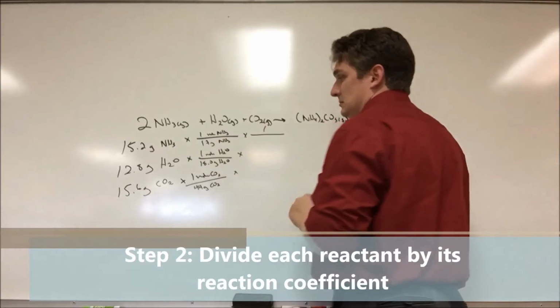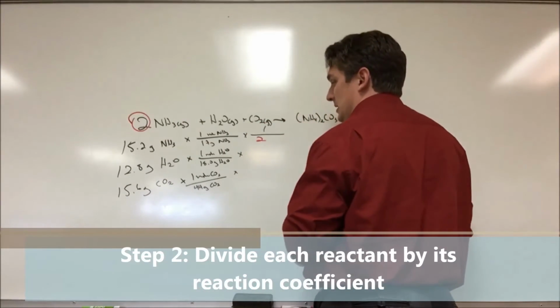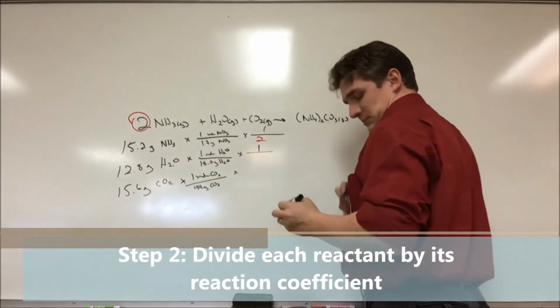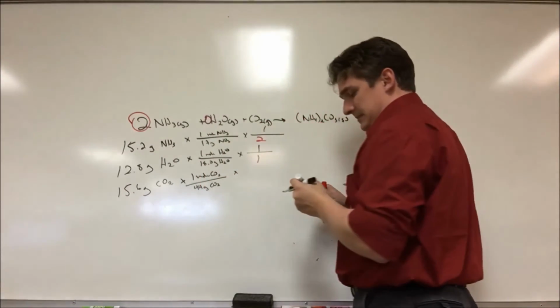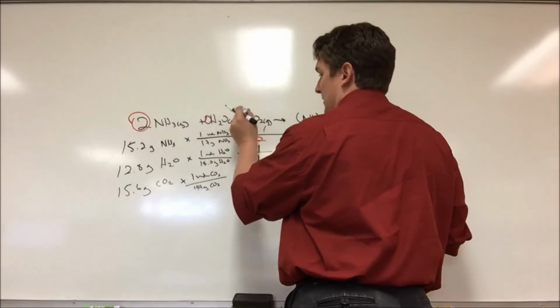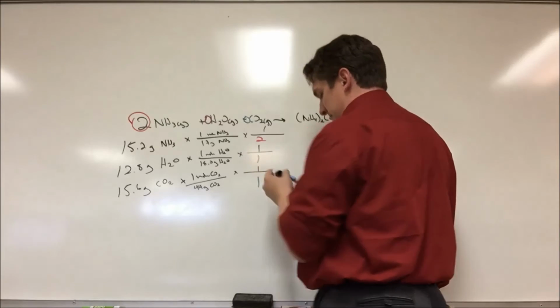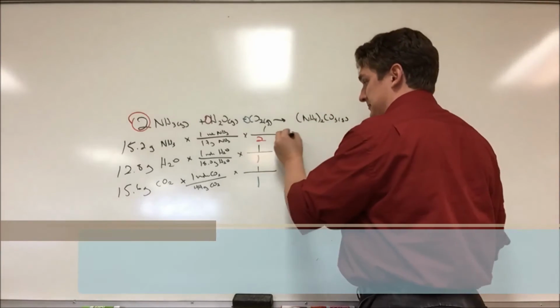So in the case of ammonia, we've got a 2 in front of the ammonia, so we're going to divide by 2. In the case of water, we've got a 1, so we're going to divide by 1. In the case of CO2, we've got a 1, so we're going to divide by 1. Whichever of these numbers is smallest is going to be the limiting reagent.